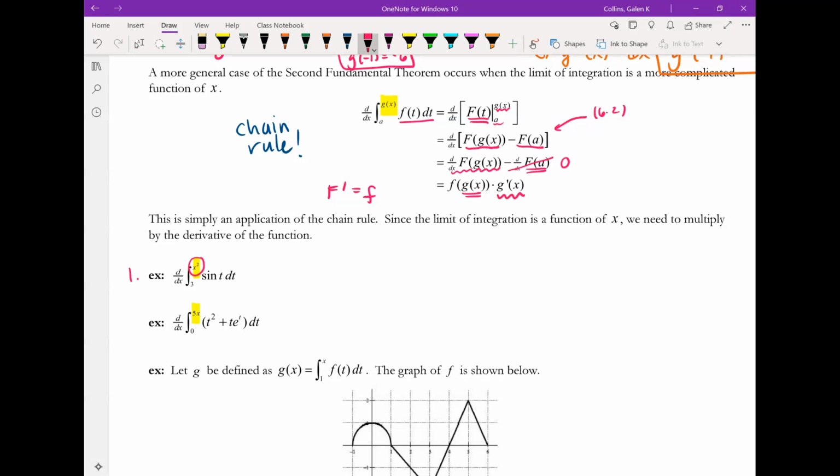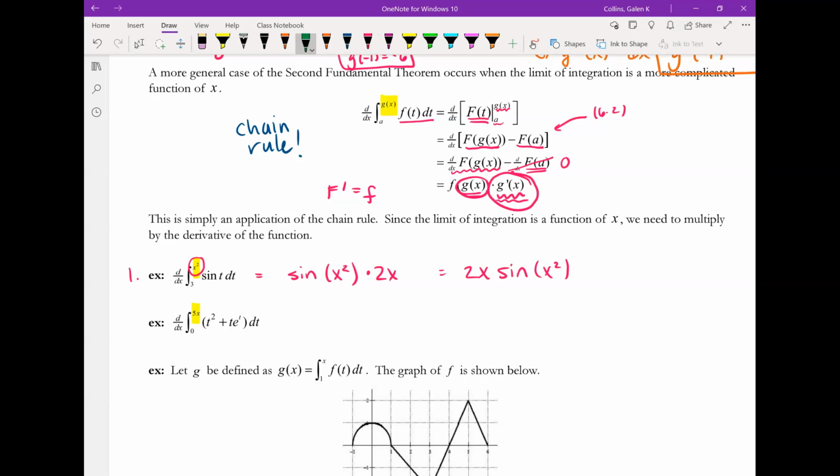So it's not just x, but it's the entire function. So we get the sine of x squared. But then we have to multiply by the derivative of x squared using the chain rule, which is 2x. So our final answer, I would just put the 2x in front. So 2x times the sine of x squared.